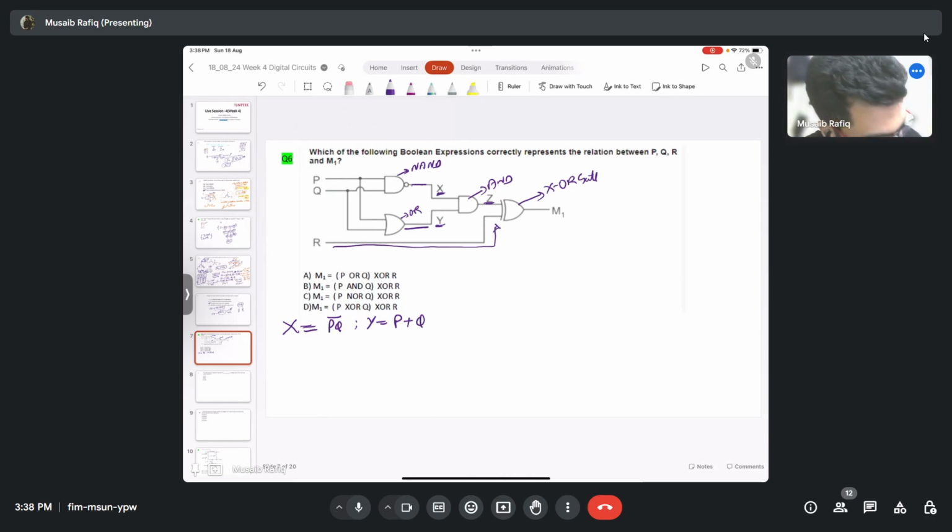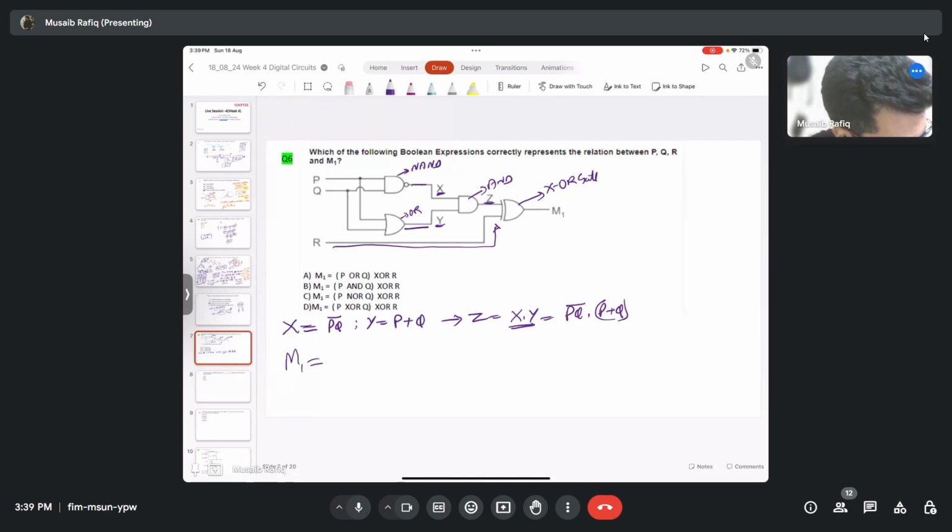Now Z will be equal to X dot Y, that is here. This is the AND operation. So it will be equal to (PQ) bar AND with P plus Q, right? And my final output will be equal to, sorry, M1.